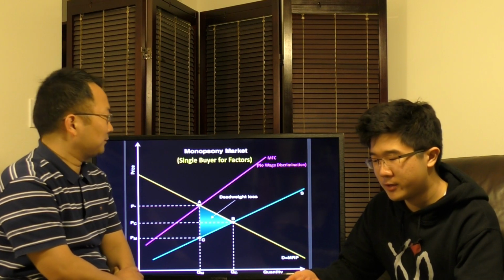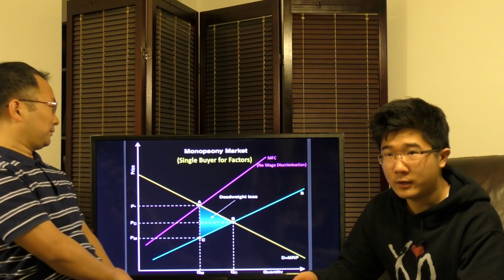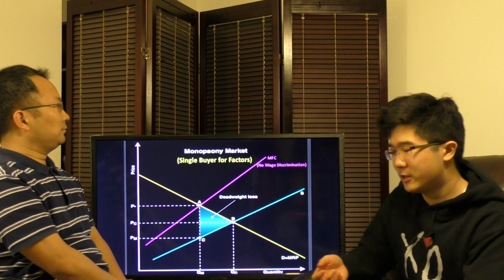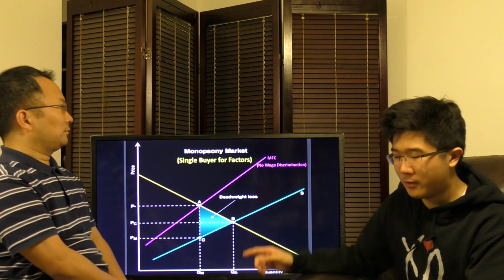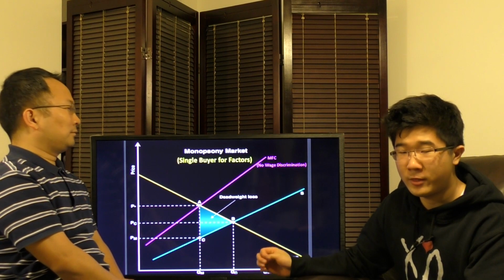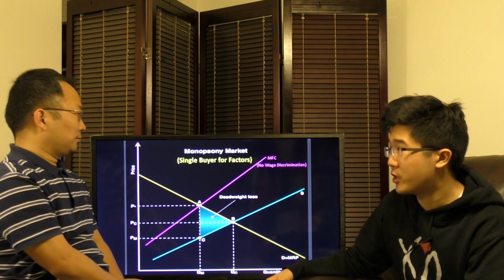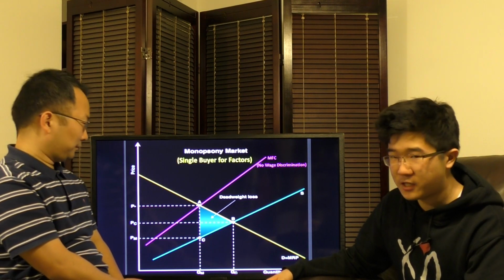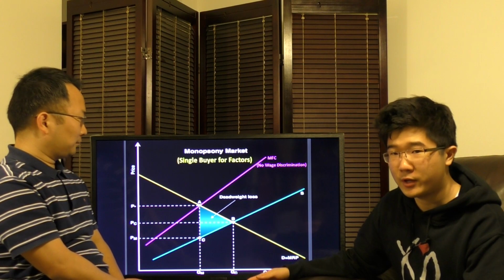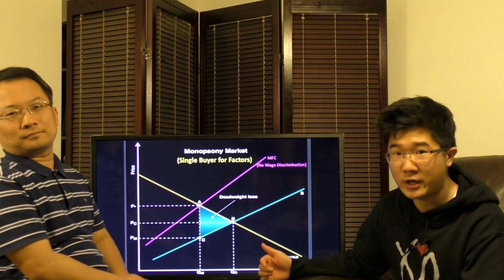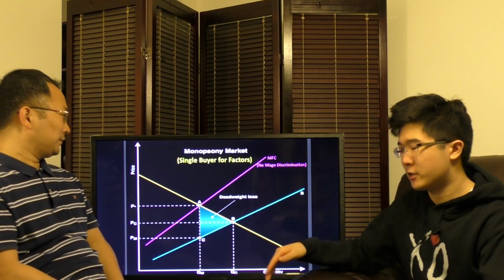So this creates a mathematical need for a different curve from the original supply curve, since the monopsonist, the firm that's the only employer in the region or market, is a wage maker, not a wage taker. Their actions affect the overall wages of the market, so in order to increase employment, they have to increase wages as well, which creates a separate MFC curve.